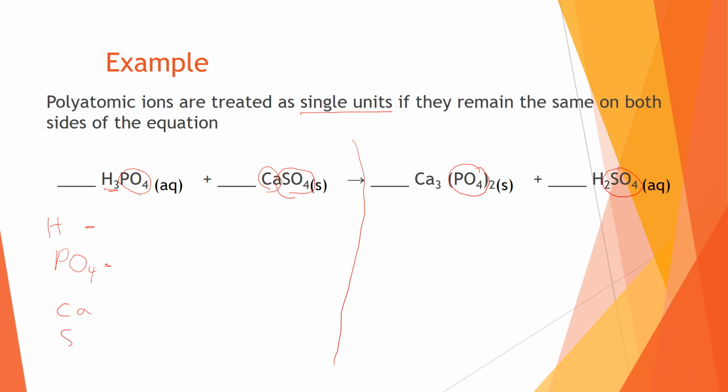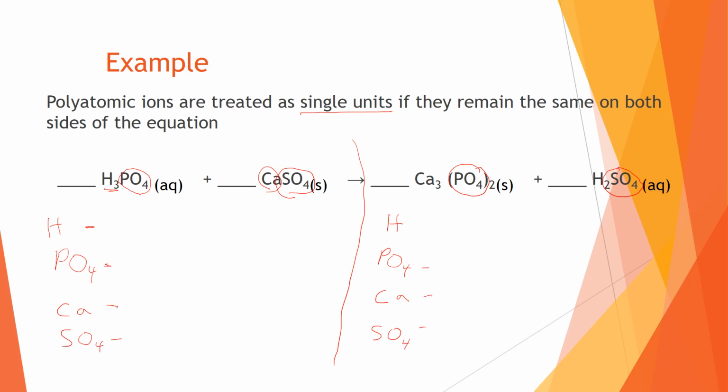I have SO4s on both sides, I have calcium on both sides, I have PO4s on both sides, and I have hydrogens on both sides. So again, over here, I have hydrogens, I have PO4s, I have calciums, and I have SO4s.